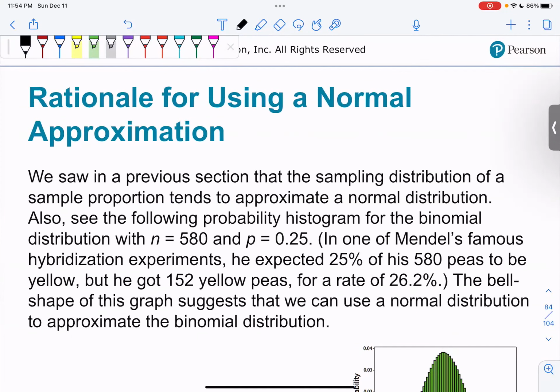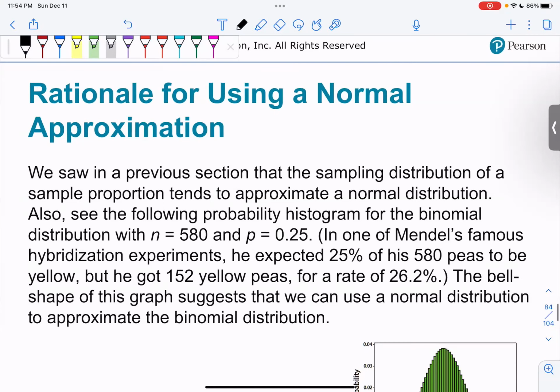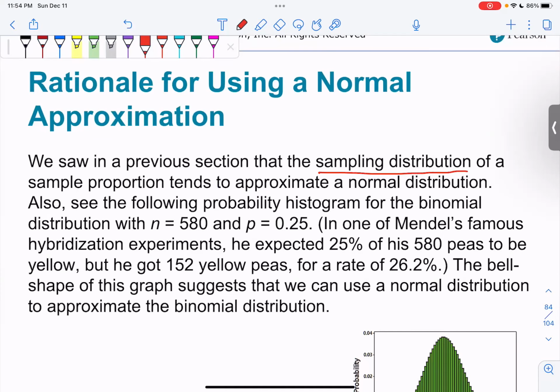Okay, so we know that in the previous sessions, any sampling distribution, for example the sample proportion, tends to approximate the normal distribution if we have a large enough sample size, right?